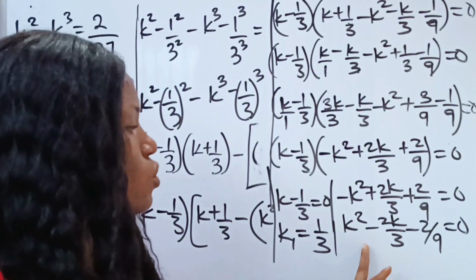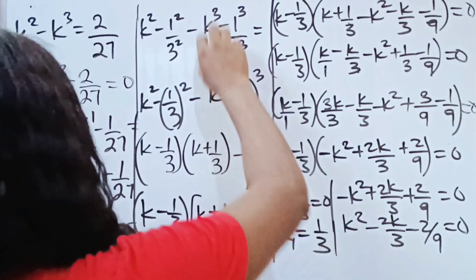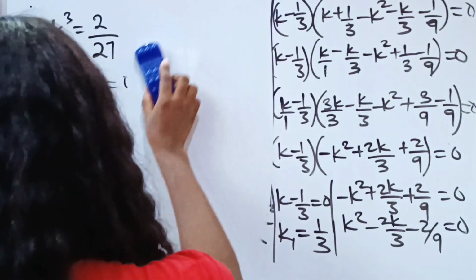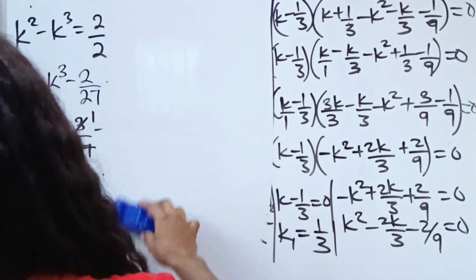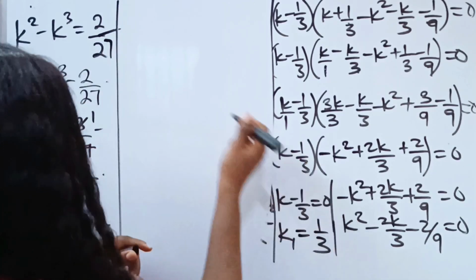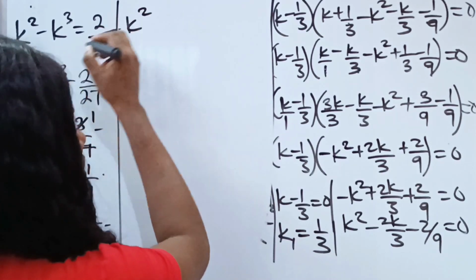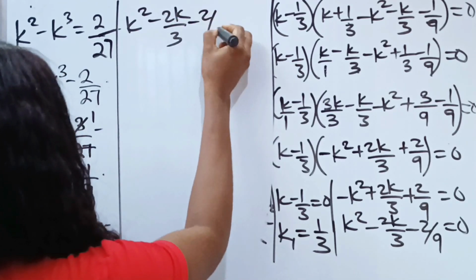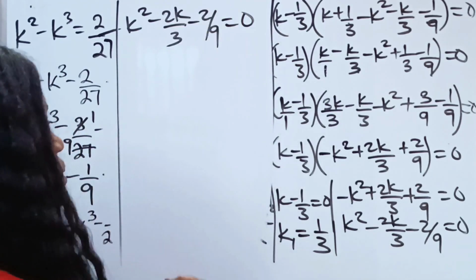Now this is what I'm going to solve right now. All right, so let's solve it together. All right, so we have that k squared minus 2k over 3 minus 2 over 9 is equal to 0.